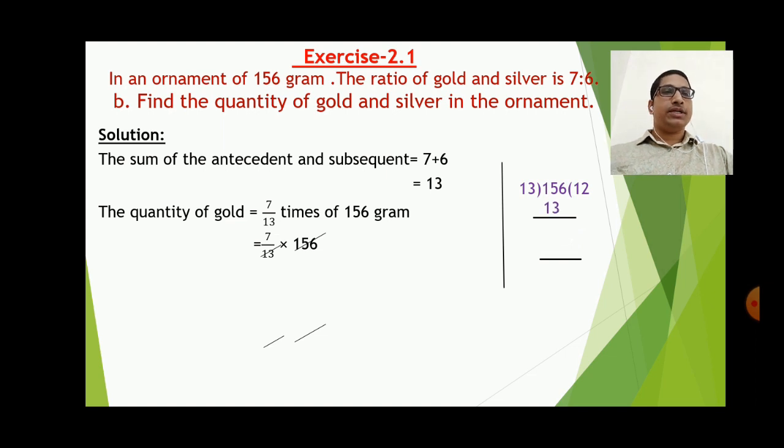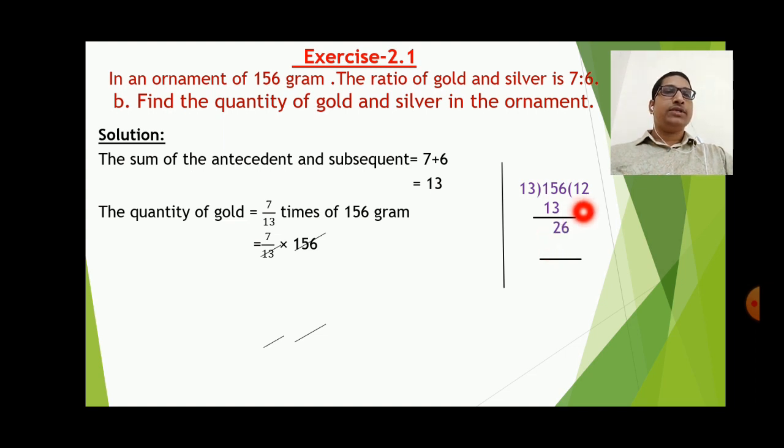Now subtract it. If we subtract 3 from 5, then here will be 2, and write down this 6 here. Okay, so it will be 26. Now how many times can we take 13 in 26? Definitely 2 times.